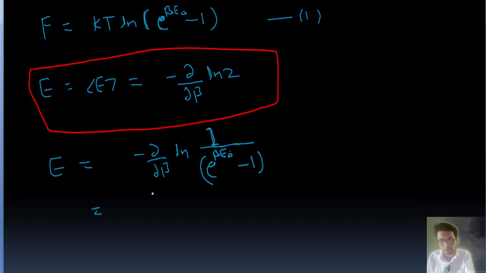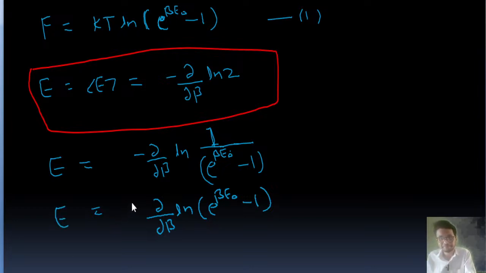So this is going to be del upon del beta ln e to the power beta e naught minus 1. This is the E.